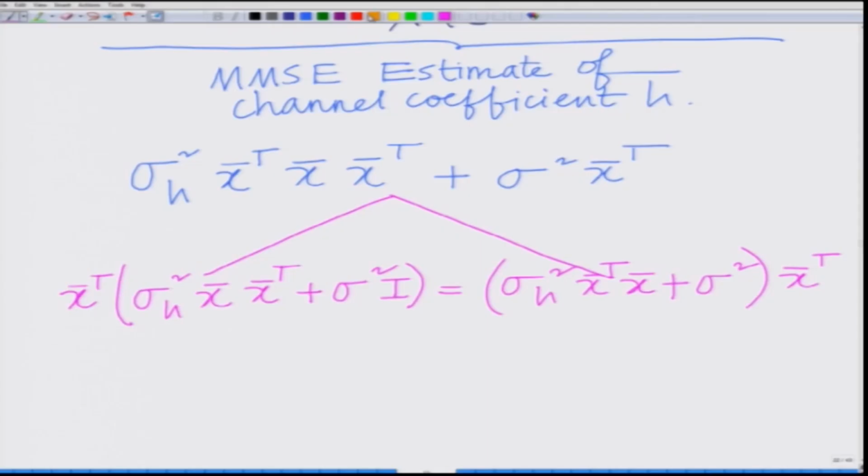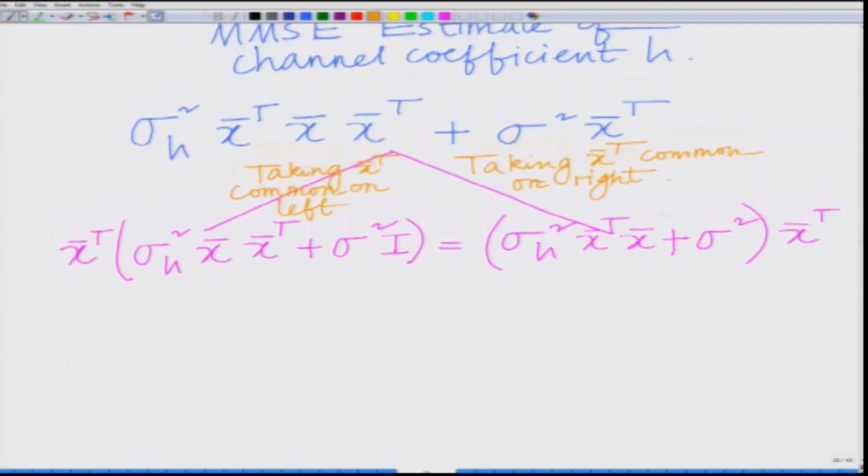Okay. So, we can also mention this clearly over here, taking x bar transpose common on the left hand side, taking x bar transpose common on the right, and these two quantities are therefore equal.